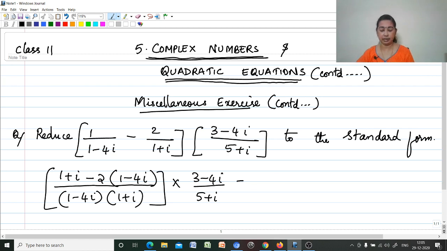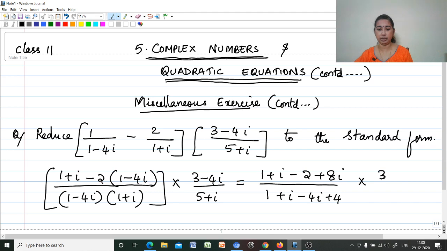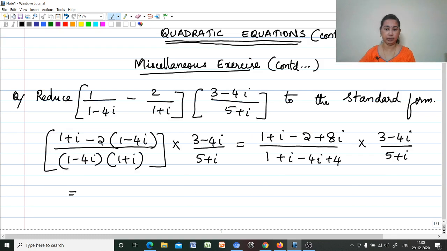Now the numerator can be written as 1 plus i minus 2 plus 8i, divided by, opening the bracket, in the denominator 1 plus i minus 4i minus 4i square, which is plus 4, into (3 minus 4i) divided by (5 plus i), and that is equal to 1 minus 2, which is minus 1, plus 9i, divided by 5 minus 3i, into (3 minus 4i) divided by (5 plus i).